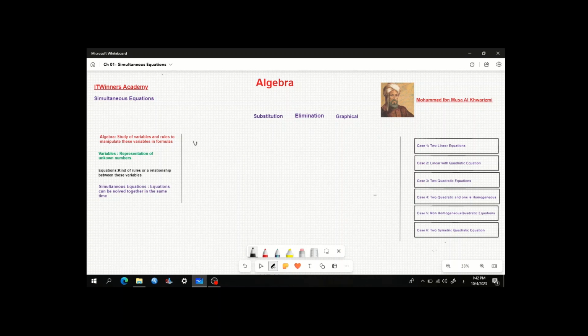Now u equal to half and v equal to plus or minus 3 by 2. If v equal to plus 3 by 2, then x equal to u plus v equal to half plus 3 by 2 equal to 2, and y equal to u minus v, so y equal to negative 1.